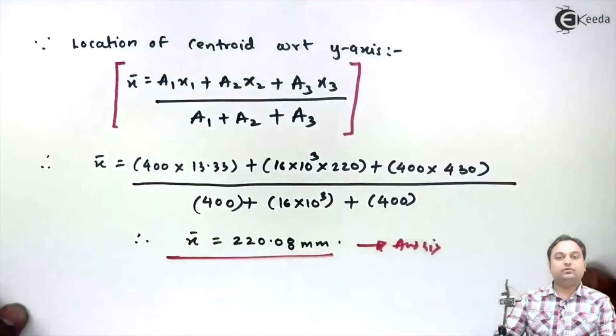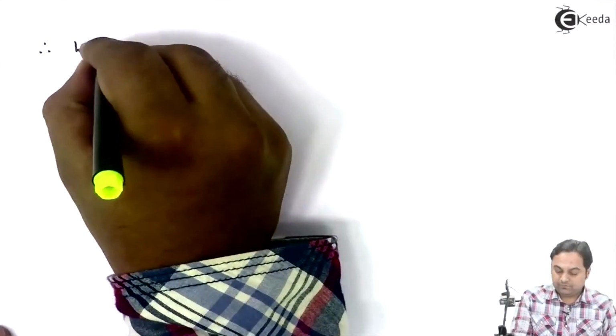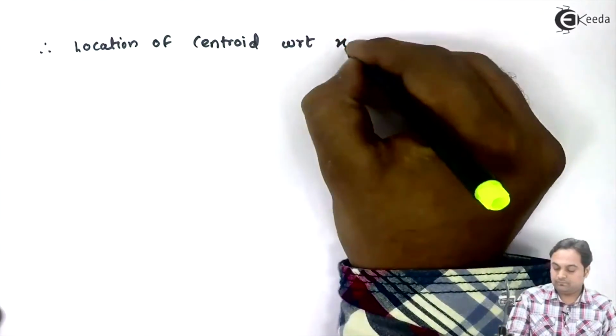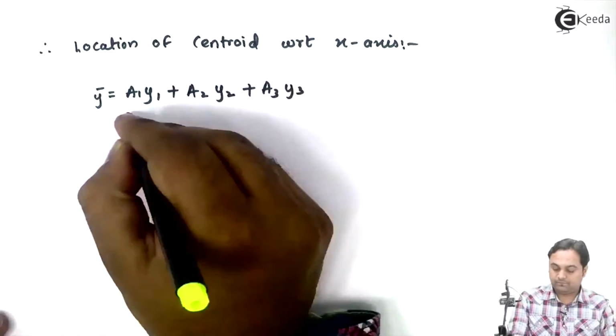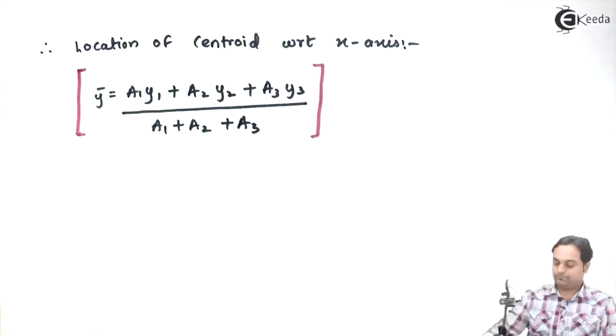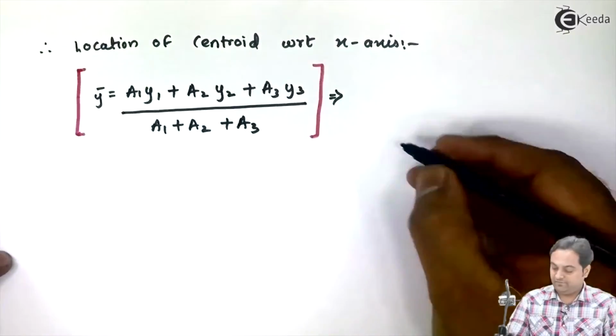Next, I will find out y bar, the location of centroid with respect to x-axis. I'll put the values here itself.